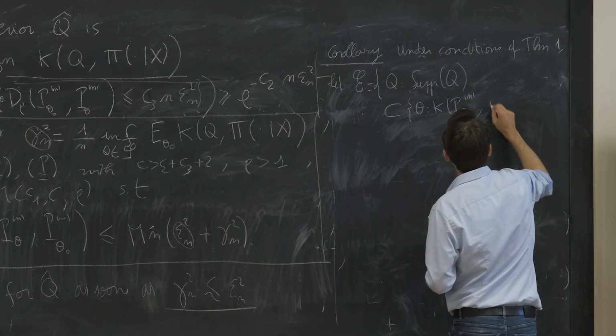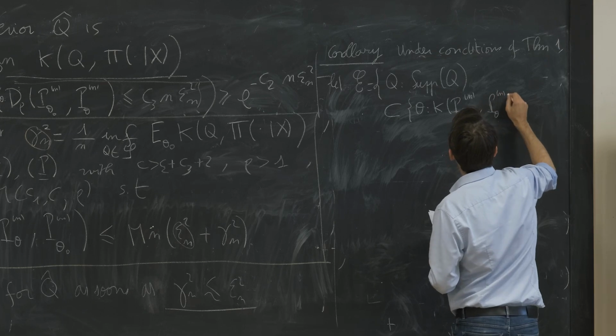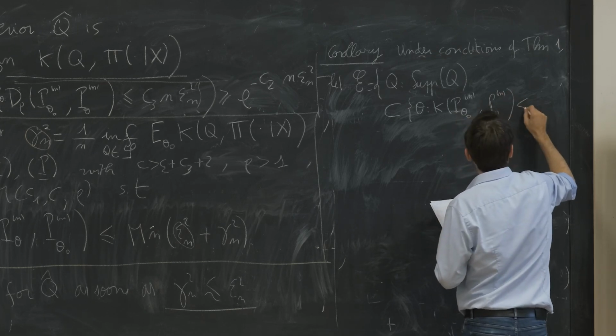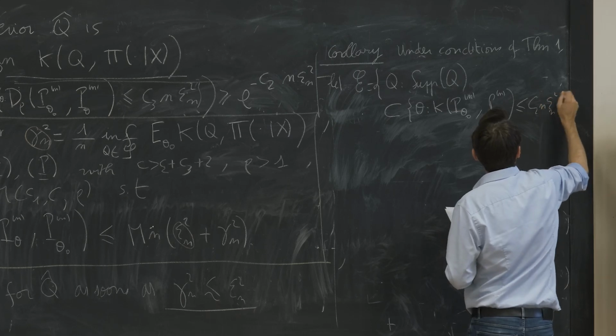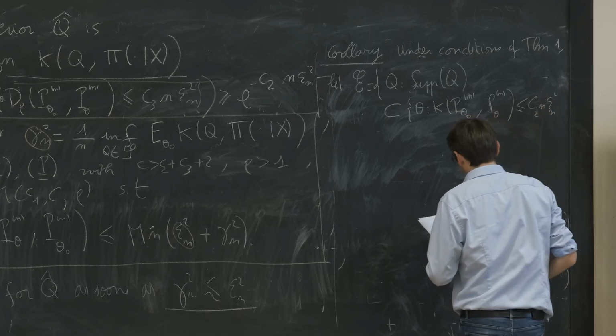So p theta naught. Here I kept the n, since I have n's everywhere with the normalization, and I find it always helpful to keep the n.